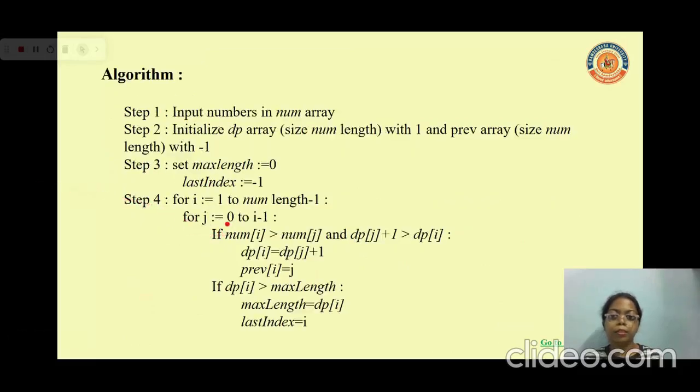And j is running from 0 to i minus 1 because this means that we are traversing through all the previous elements with respect to i.